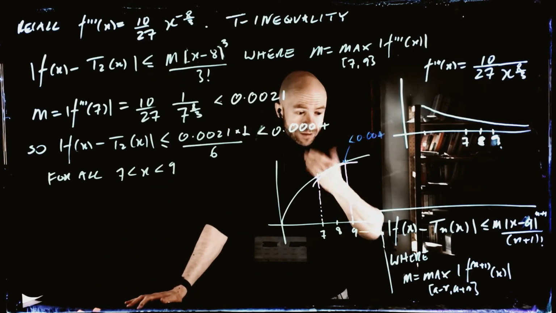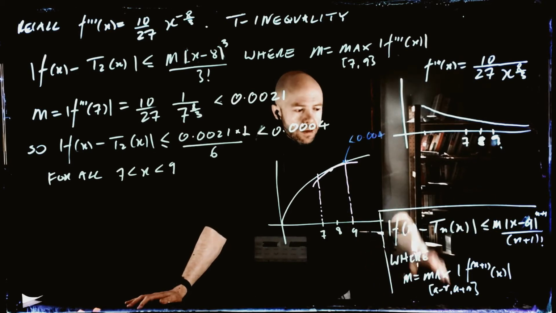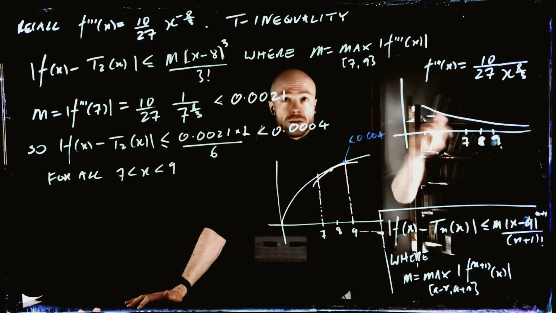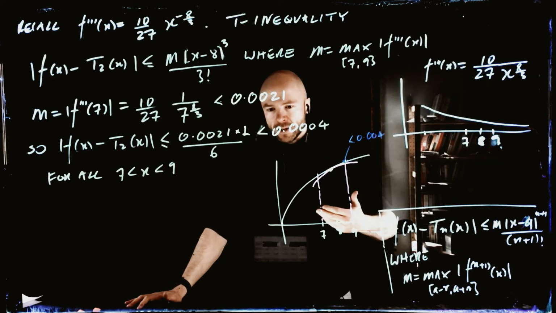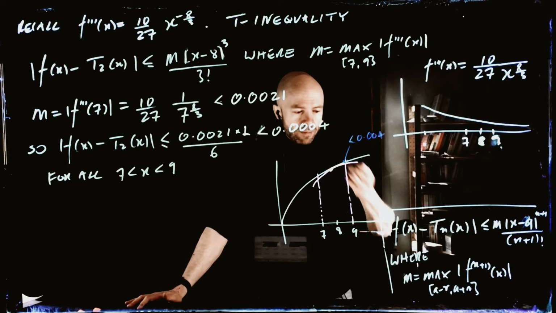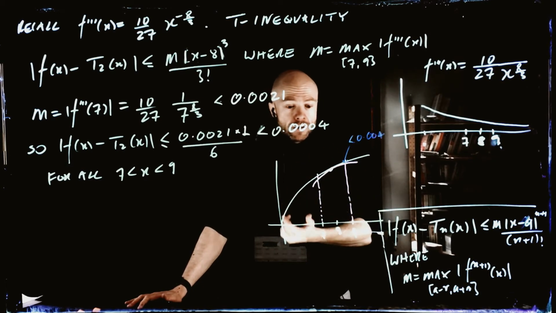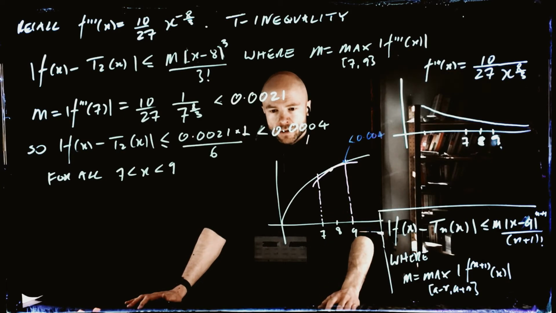And this is of real use because not that long ago, we did not have the ability to find things like what the third root of x was, right? And that was a very hard thing to calculate, yeah? And if you were someone building something that required you to know what the third root of x was for any number between 7 and 9, right?